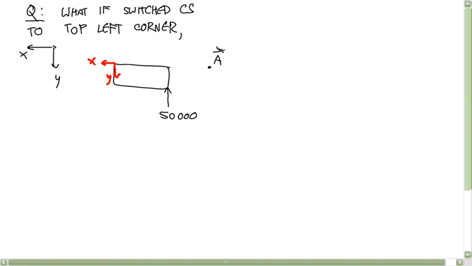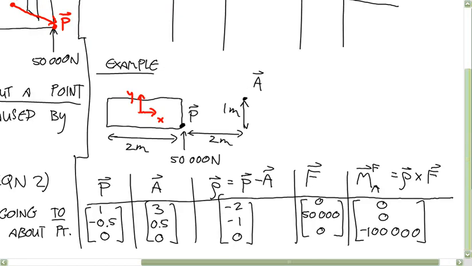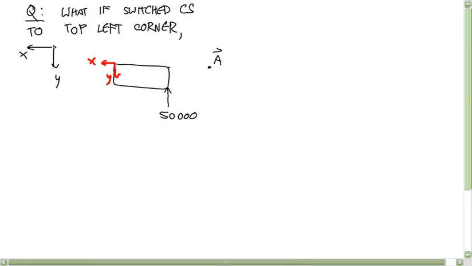Well, what do you expect to see? Can anyone do this in their head? Look at the answer we had before, I guess, first. So our answer before was in the z direction, so out of the page, with a value of negative 100,000, right? So now we've rotated the x and y axes.